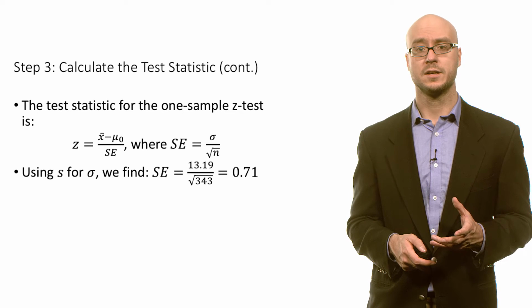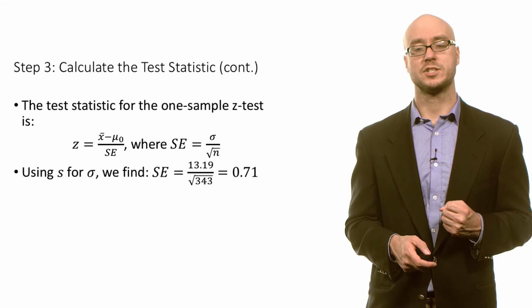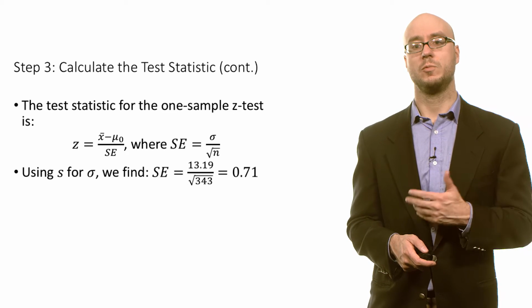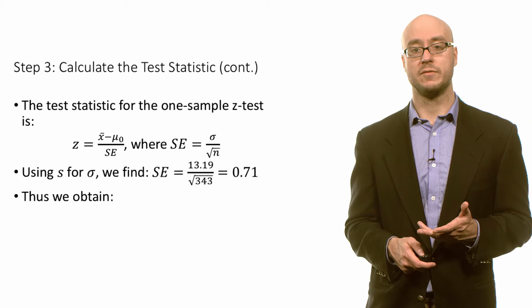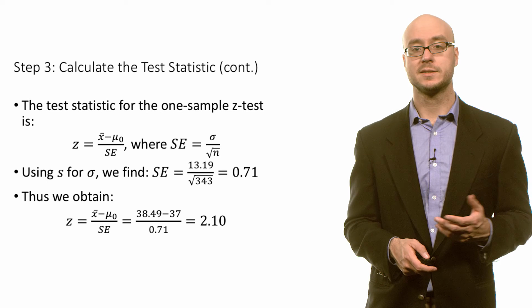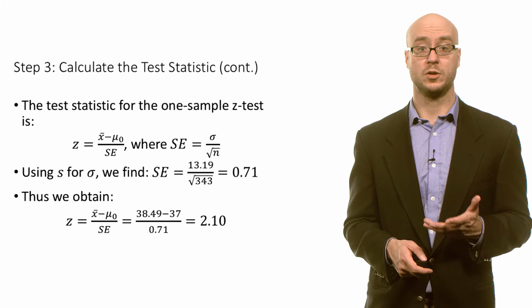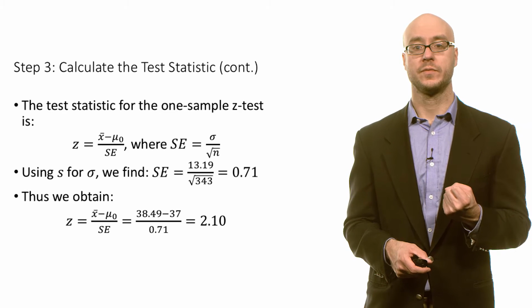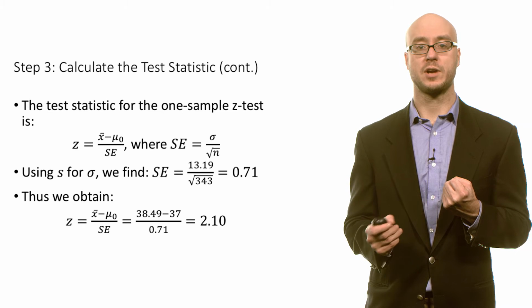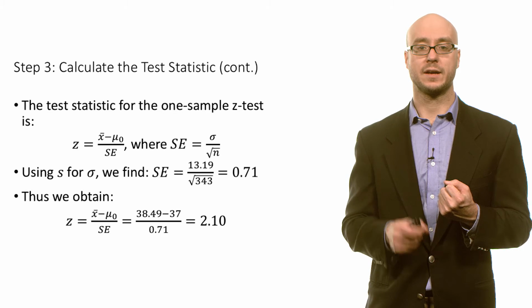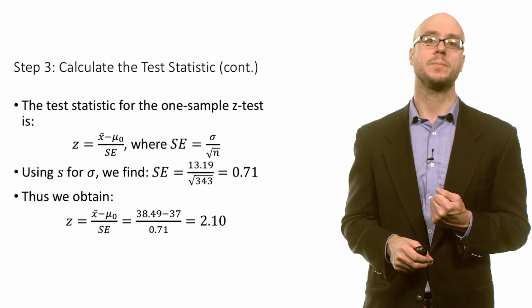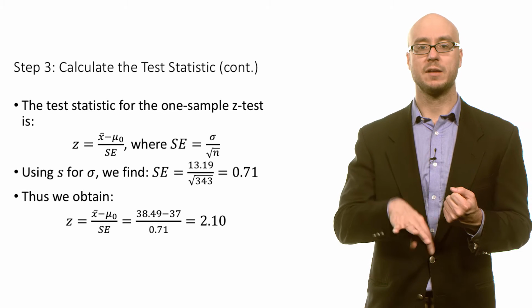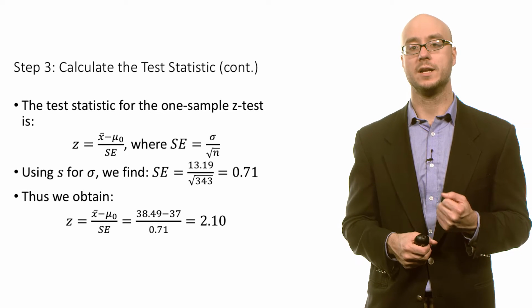Using the sample standard deviation for the population standard deviation, we obtain a standard error of 0.71, and so the test statistic is in fact 2.1. All we do is take the sample mean of 38.49, subtract out that null value, the claimed value of the population mean by the CEO, and divide by the standard error of 0.71.